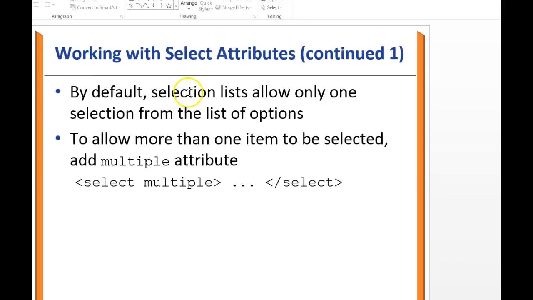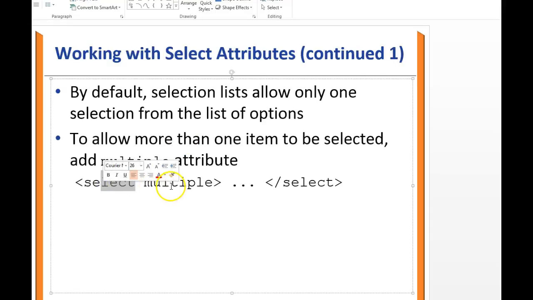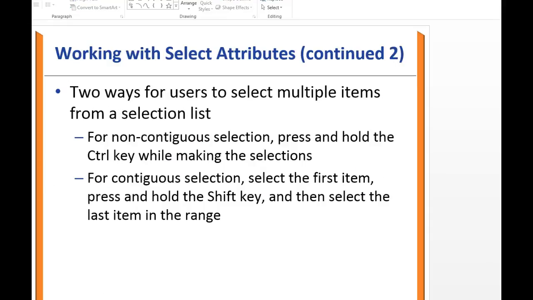By default, selection lists allow only one selection from the list options. So if you don't mention it, you can only choose one. To allow multiple items to be selected, you can add the multiple option to select. There are two ways for users to select multiple items from a selection list.